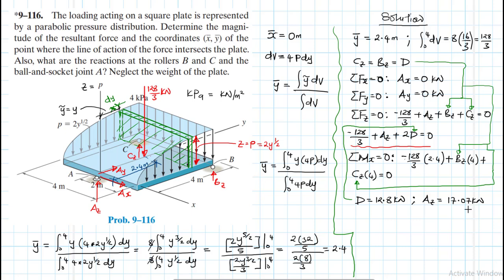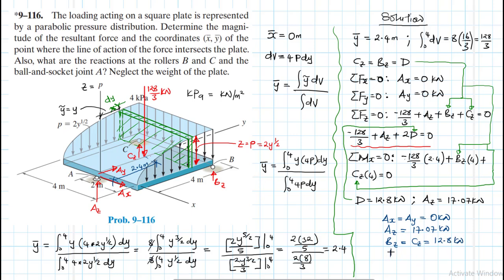So it's like we are done. So let's just write everything. So we have Ax, which is equal to Ay, which is equal to 0 kilonewtons. We have Az, which is equal to 17.07 kilonewtons. We have Bz, which is equal to Cz, which is equal to 12.8 kilonewtons.